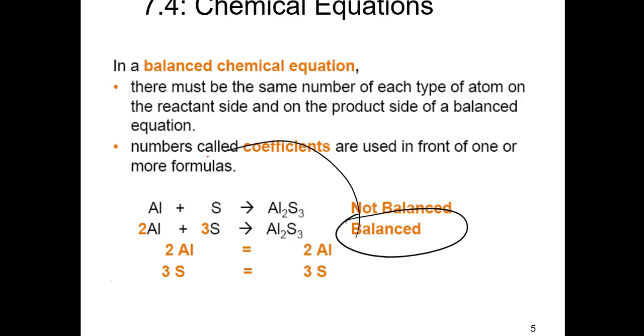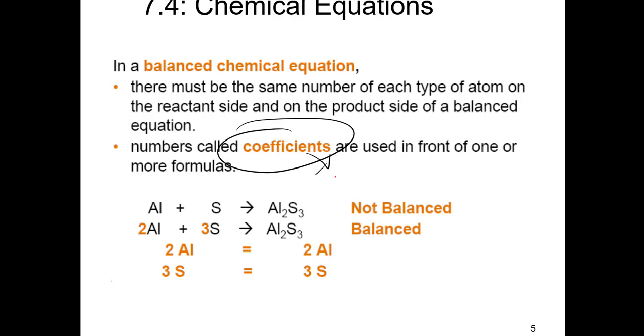We do this by adding in coefficients. So there are our coefficients. The coefficients are multipliers, and they multiply the number of each of the atoms within that species. So 2 for the aluminum, 3 for the sulfur.